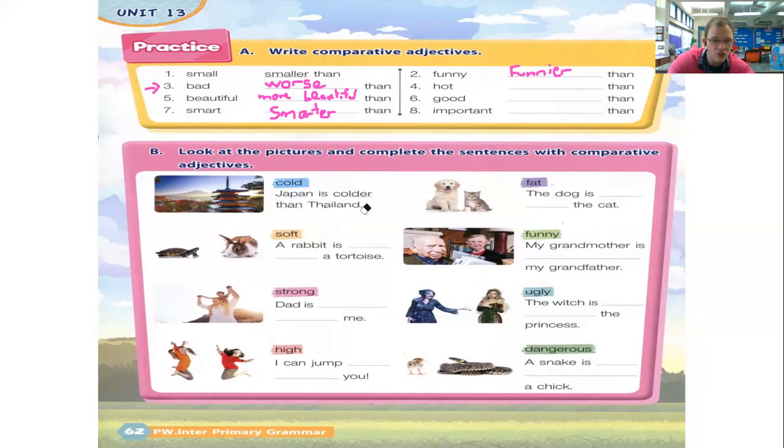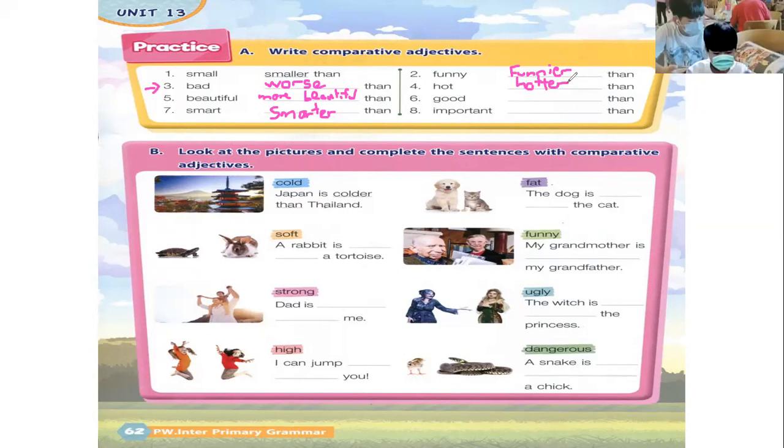The next one is hot. Hot, only 1 syllable. Hotter. How do you spell that? Why do we have 2 T's? Do you know? I don't know. Okay, let me tell you.